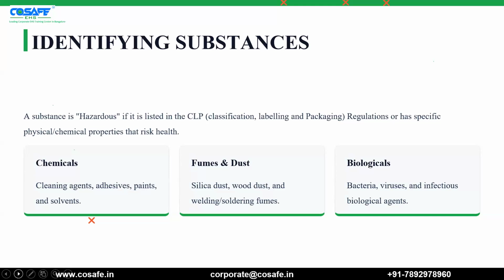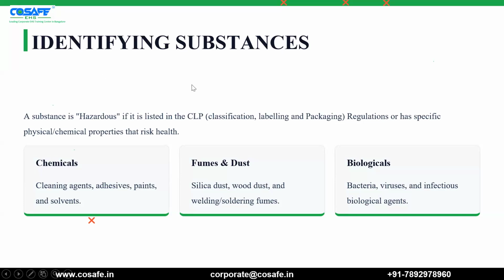In the same way, you have to identify the substances you are dealing with. Once identified, you can implement the required control measures, first aid measures, and emergency response measures. So first of all, you have to know your substances.